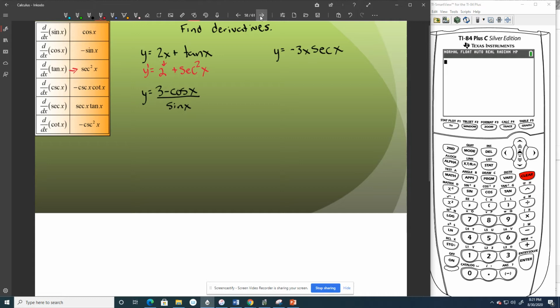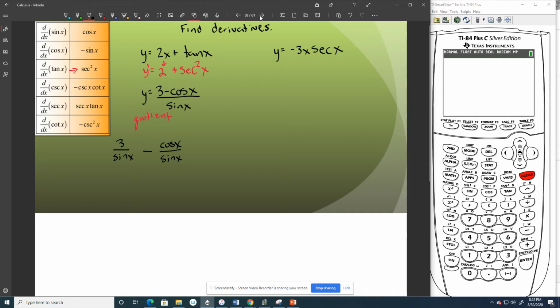Okay, now dropping down to the next example, we have 3 minus cosine of x over sine of x. Now, you can use the quotient rule. That's one way to do this problem. But with trig, it opens up some new doors for you to move things around. Another way, and I'll show you since we're talking about trig functions this time, if I take this 3 minus cosine x over sine x, I'm going to split that up into 3 over sine of x minus the cosine of x over sine of x.